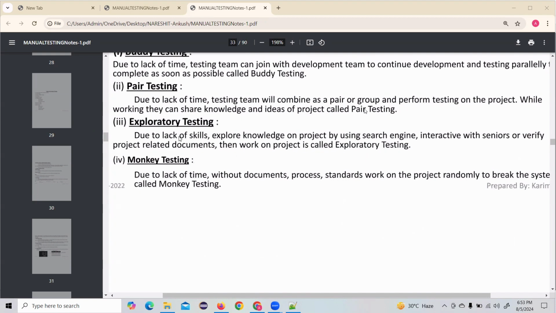Due to lack of skills, we explore knowledge on the project by interaction with seniors. We can verify project related documents, then we can do the work on it. We try to explore the project related things. That is called exploratory testing. Then what is monkey testing? Okay, let us finish exploratory. Make it fast.